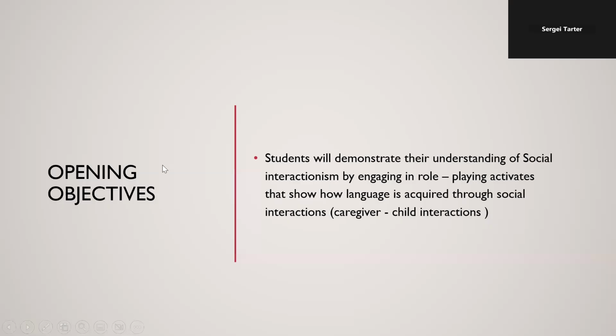The learning objective is that students will demonstrate their understanding of social interactionism by engaging in role-playing activities that show how language is acquired through social interaction, through caregiver and child interaction.